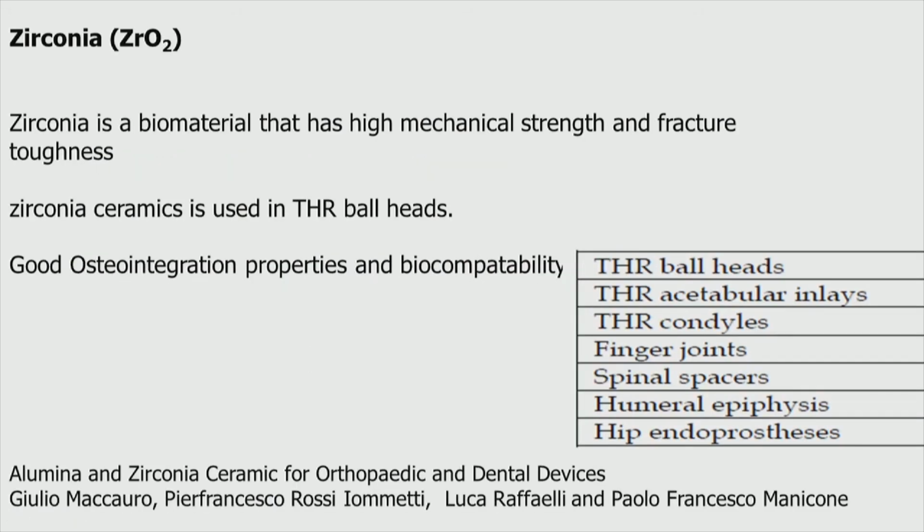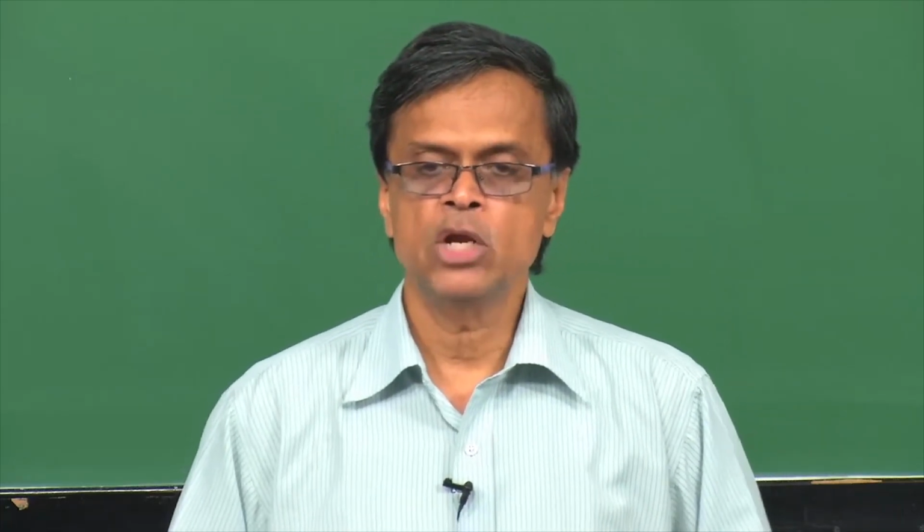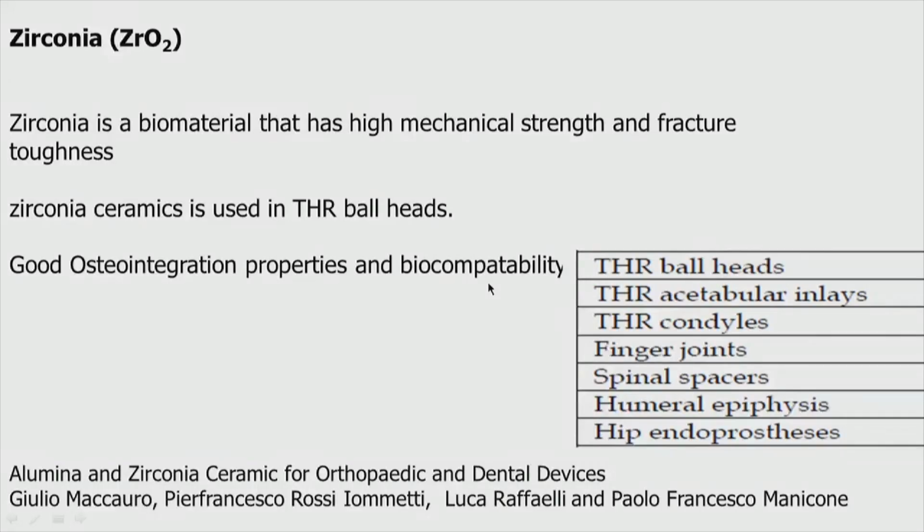If you look at zirconia, it is finding good application of late. It has very good mechanical strength and fracture toughness, because the rest of the ceramics have very poor fracture toughness, whereas zirconia is quite good. So, it is used in total hip replacement, THR, ball heads. There is a ball and socket, you may have metals, and in order to prevent metal on metal they may coat it with zirconia. So, it prevents wear and also has good osseointegration properties. It integrates very well with the bone tissues, and is very biocompatible.